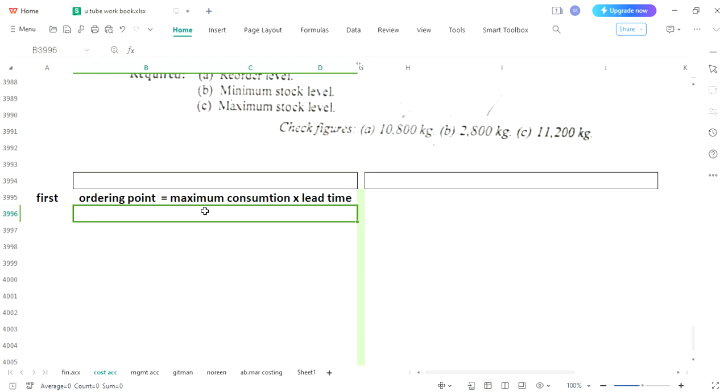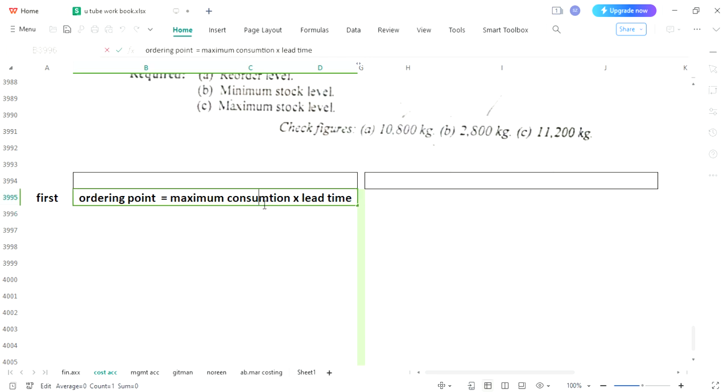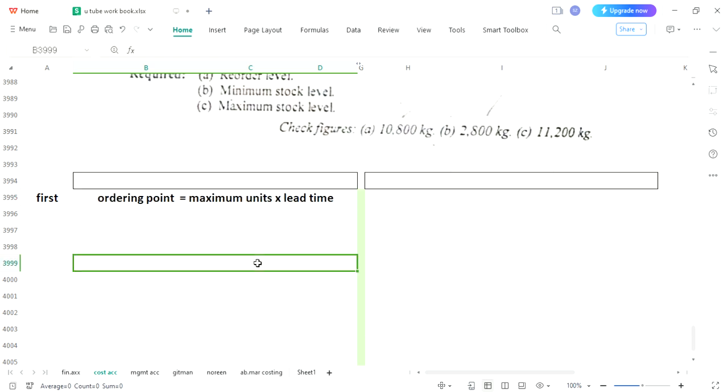Lead time is the time in which you can purchase the maximum number of units, or maximum consumption. Here what we need is maximum consumption, and you can also write maximum number of units. This would be our first target.